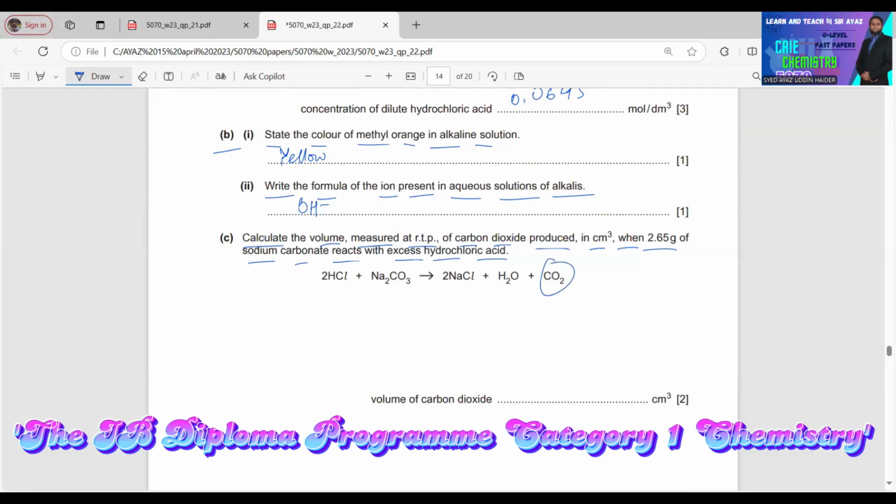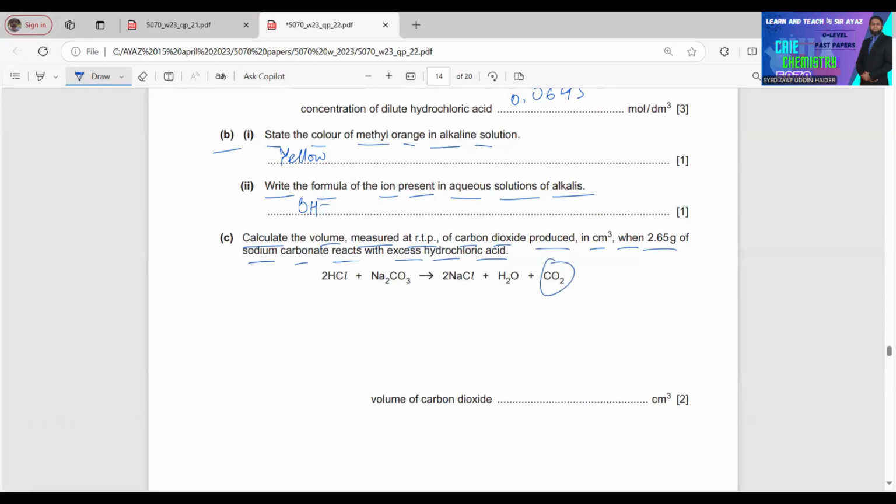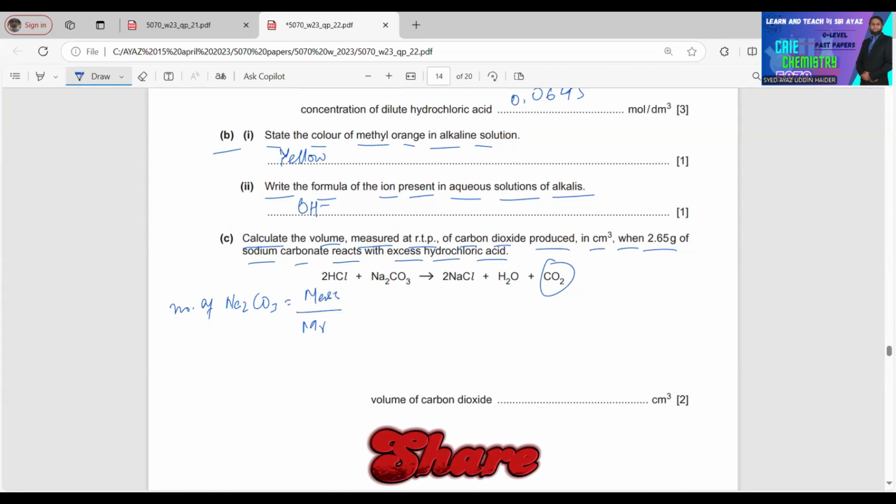So in order to calculate the volume of CO2, we need the moles of CO2. So in order to calculate the moles of CO2, we need the moles of Na2CO3. So it's very easy. So the number of moles of Na2CO3 is equal to mass by Mr of Na2CO3. Mass is provided, which is 2.65.